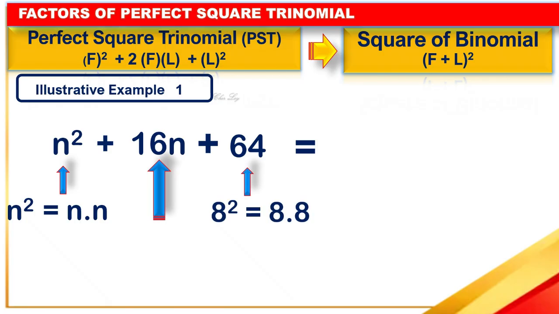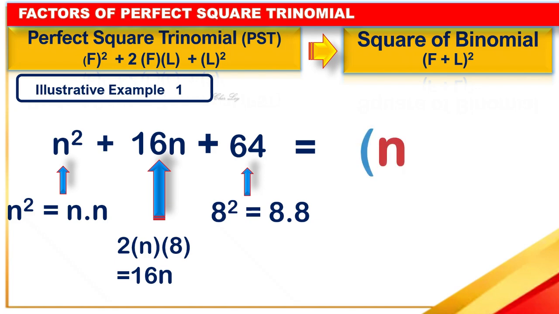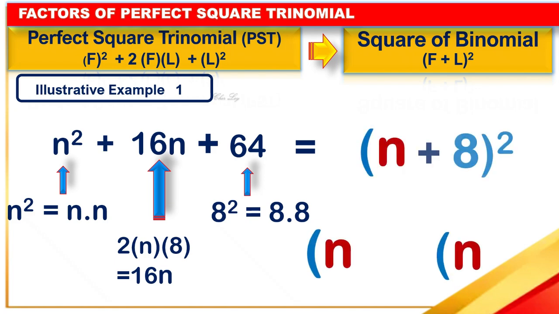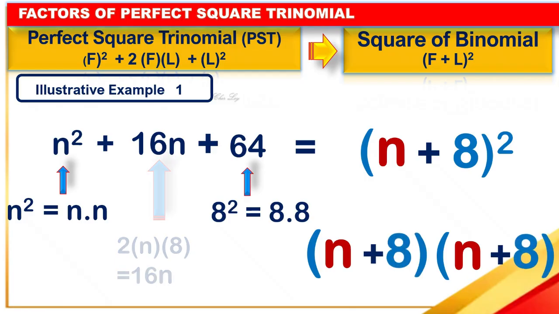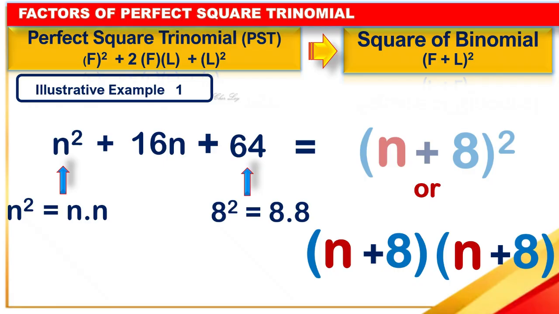Checking the middle term, n times 8 is 8n, times 2 is 16n. So we have a perfect square trinomial. Writing the factors following the pattern, the first term is n and the last term is 8. So we have the quantity n plus 8 squared, or n plus 8 times n plus 8, which is the square of a binomial.